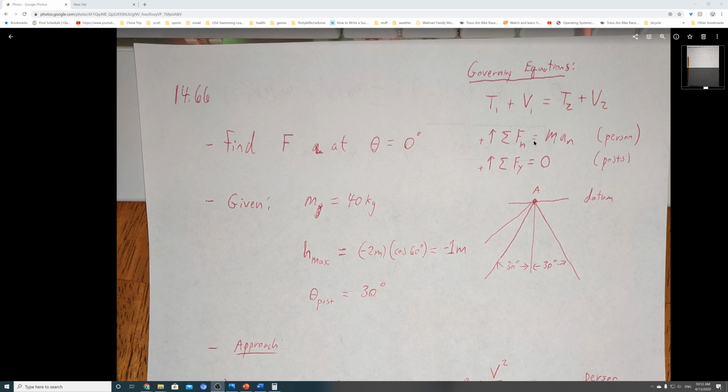That's the force we need to find, and that will give us the tension. So we need an equation that represents a force related to the acceleration. In this case, right at this point here, there's mass times acceleration in the normal direction. We need to consider that.